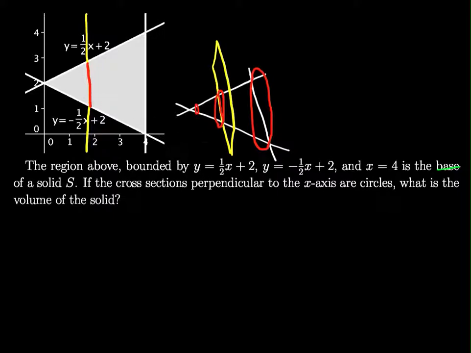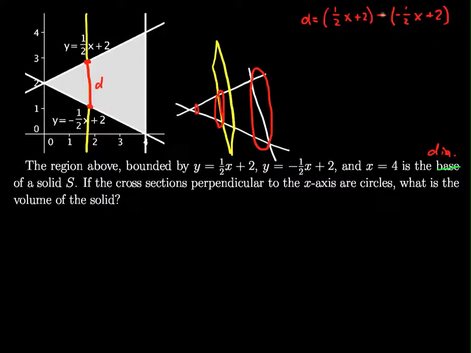So this right here will be the diameter of my circle, so I'll call that D. And that's the y distance along here, which is going to be very easy to find, so we know that D is going to equal the top function, 1/2 x plus 2, minus the bottom function, which is negative 1/2 x plus 2.